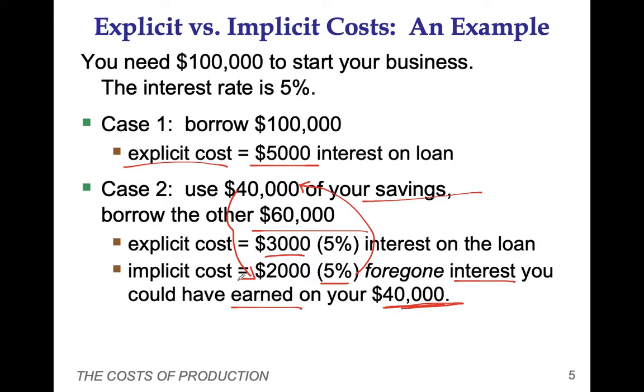So by withdrawing $40,000 from our savings to start our business, we gave up the return we could have earned from this $40,000. This return, or this interest, is $2,000. It is 5% times $40,000.